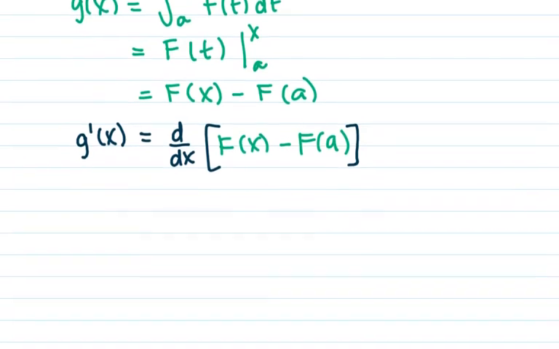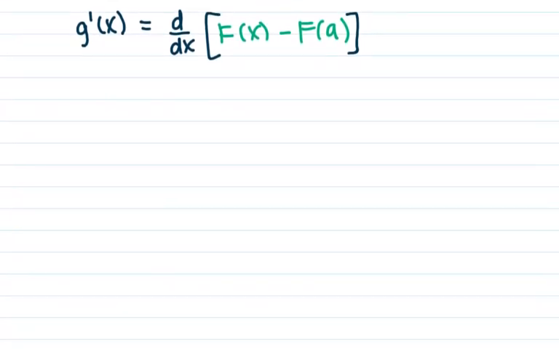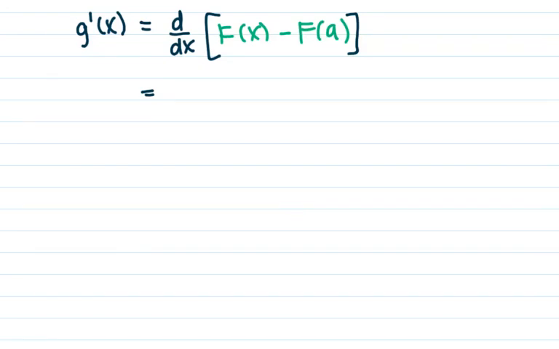So let's think about what that would look like. So if I take the derivative of the antiderivative, well, if you think about that, the derivative of your antiderivative, that's just your original function right back. So what I'm going to end up getting is simply f of x.